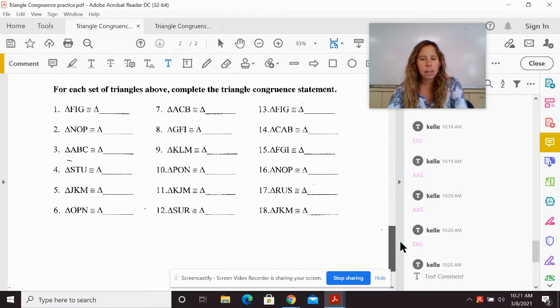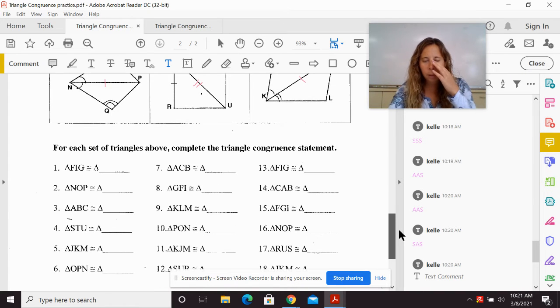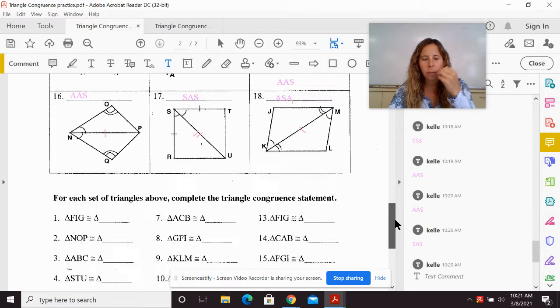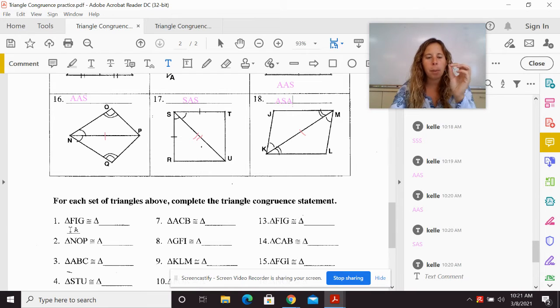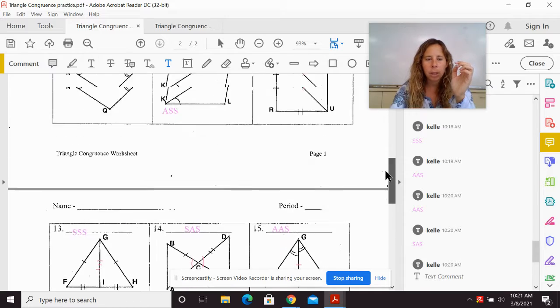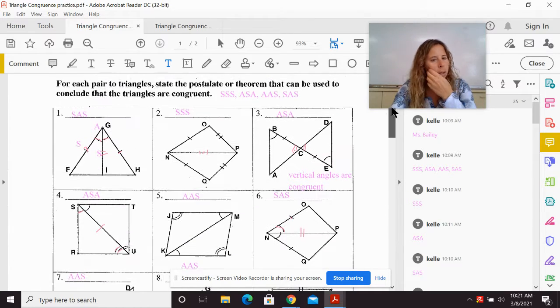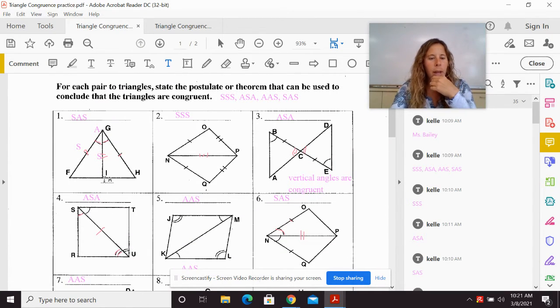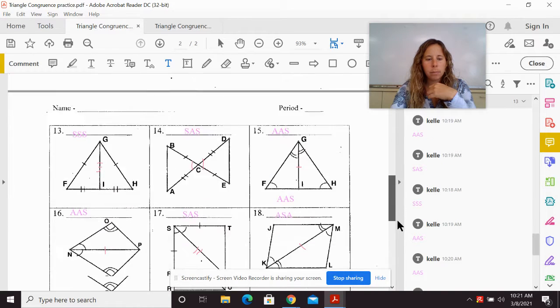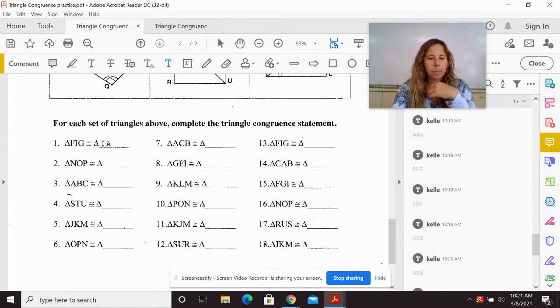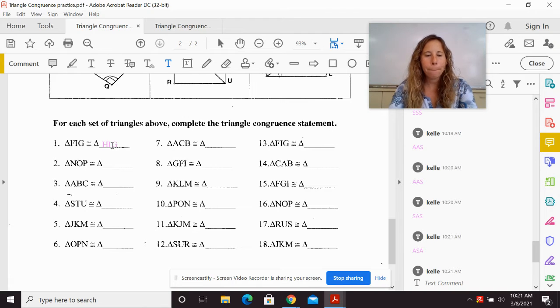Okay, you're just completing the congruency statement. So for number 1, make sure you're matching them up. Triangle FIG is congruent to HIG.